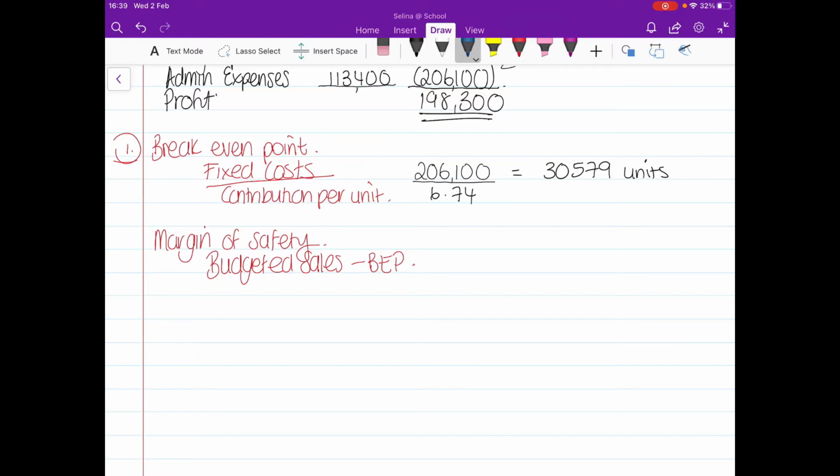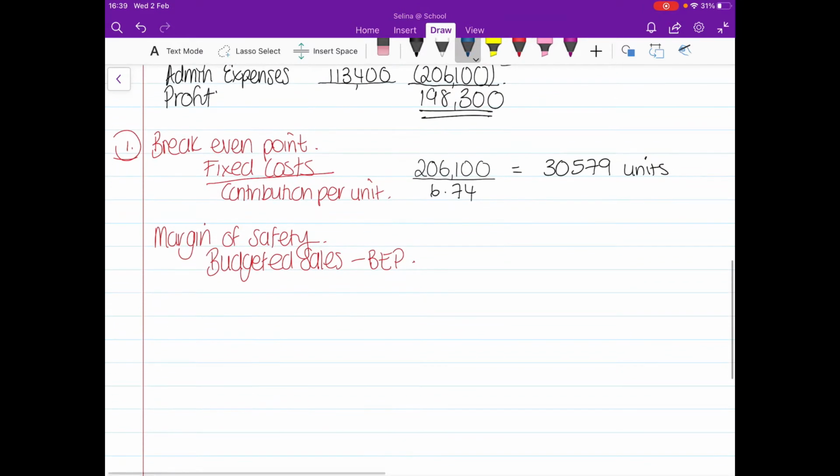So our budgeted sales at the minute, our sales are 60,000 units. We're all in units here, so 60,000 units minus my break-even point, which I just calculated up here, of 30,579 units.